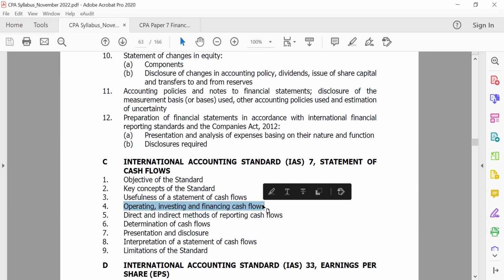So we'll be able to appreciate the two methods of preparing cash flows, that is the direct and the indirect methods of reporting cash flows, then determination of cash flows, aspects of presentation and disclosure, and then interpretation of the statement of cash flows, and then what limitations do we have with the standard IAS 7. So all that is within IAS 7.